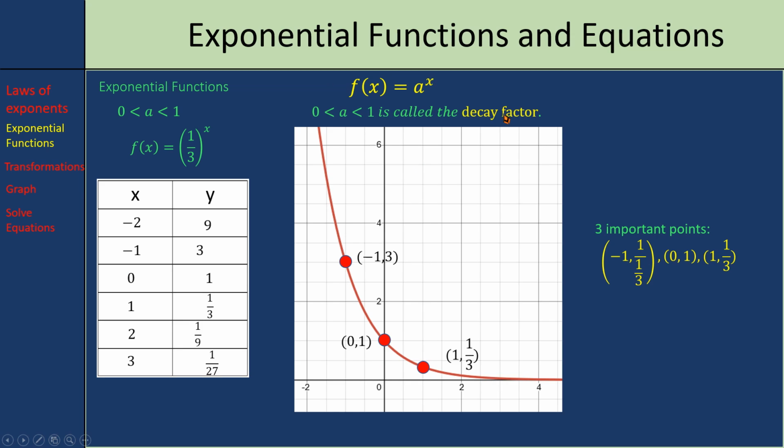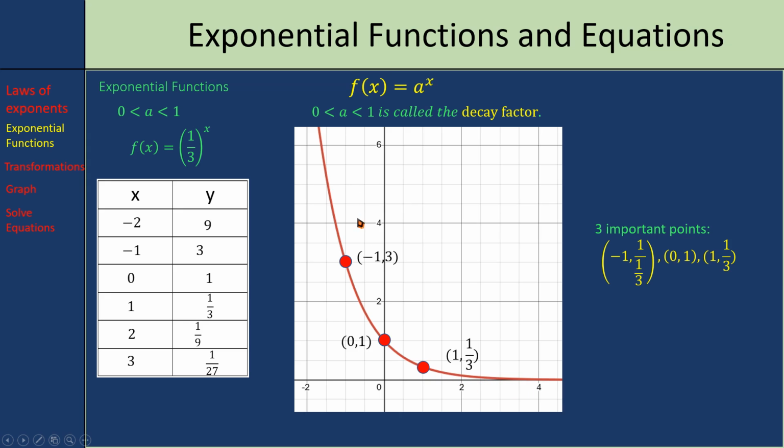But this one is called decay. Now, don't think that it's going down that makes it decay. Decay means the change between the 2 points here. You see how it gets closer and closer and closer together. If I put another point here at 2, the change in the height is very short now. It flattens out.